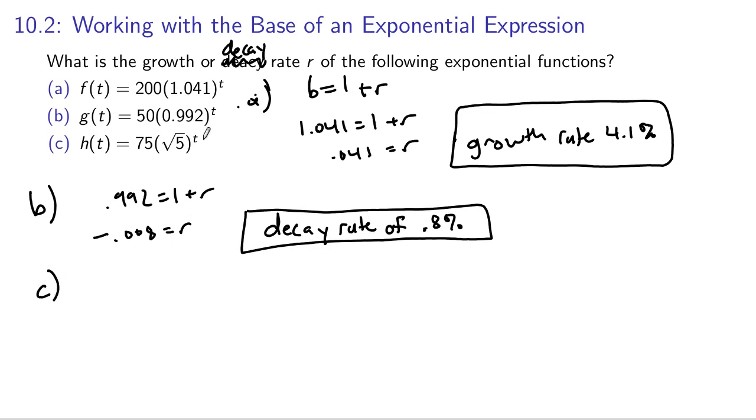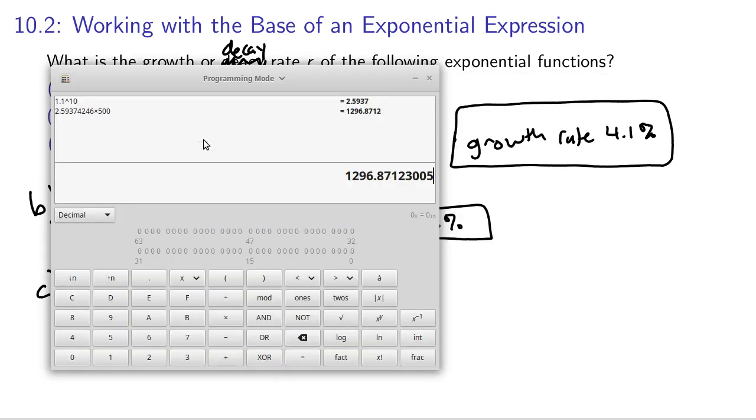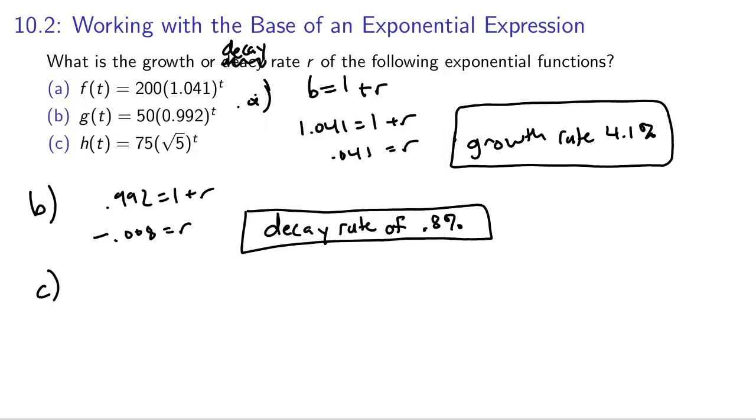C, here we have the square root of 5. So what's the square root of 5? We need to approximate this. Square root of 5 is 2.236 roughly. Remember, we don't want to overround. 2.236 should be enough for this problem. So B is 2.236.